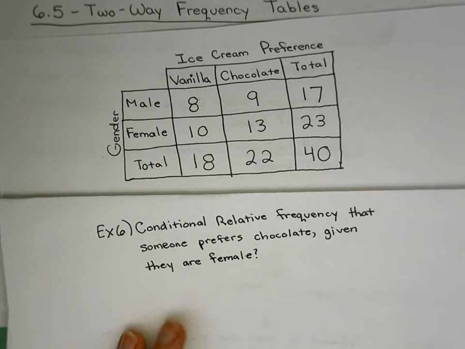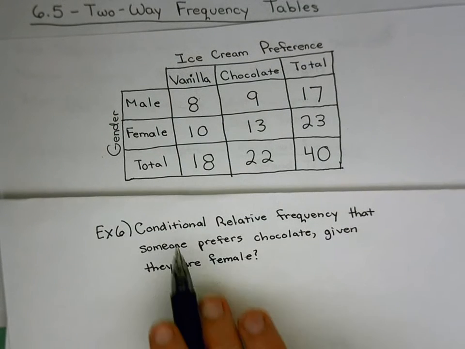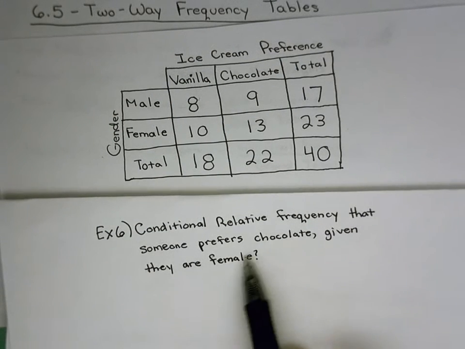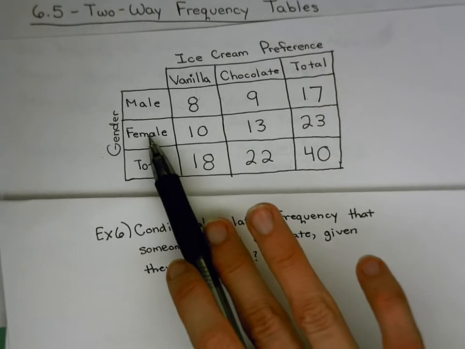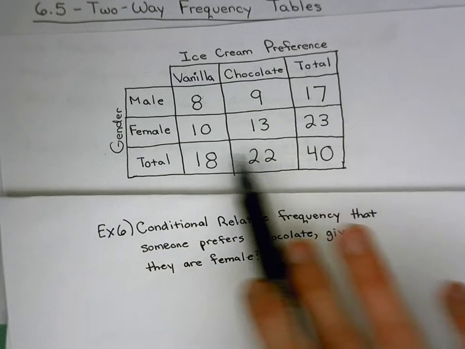Okay. So conditional. We're still going to find the joint. We have chocolate and female. Chocolate and female joint. Here's female, here's chocolate. Their joint is at 13.